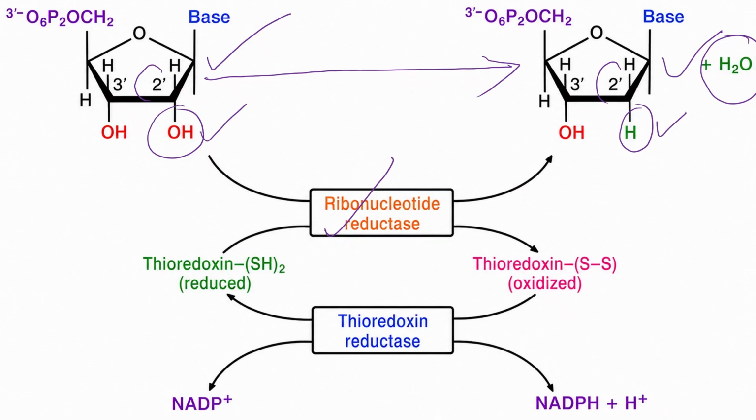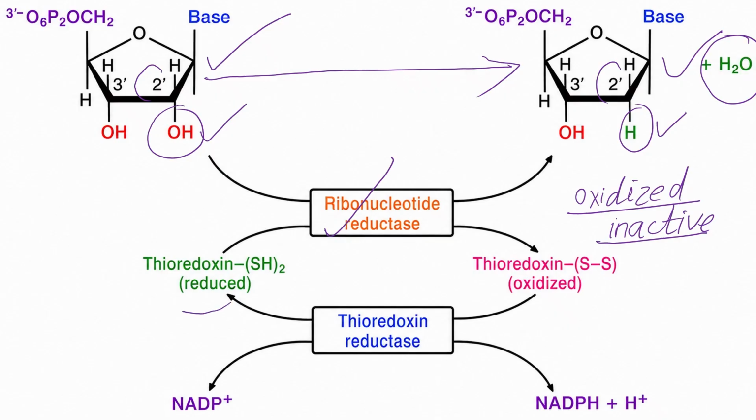So when ribonucleotide reductase provides its hydrogen atom to the 2' carbon of the ribose sugar, it is oxidized. After providing its hydrogen, this enzyme is oxidized. In the oxidized state, the enzyme is inactive. So the enzyme should be activated to carry out further reactions to convert ribonucleotide into deoxyribonucleotide.